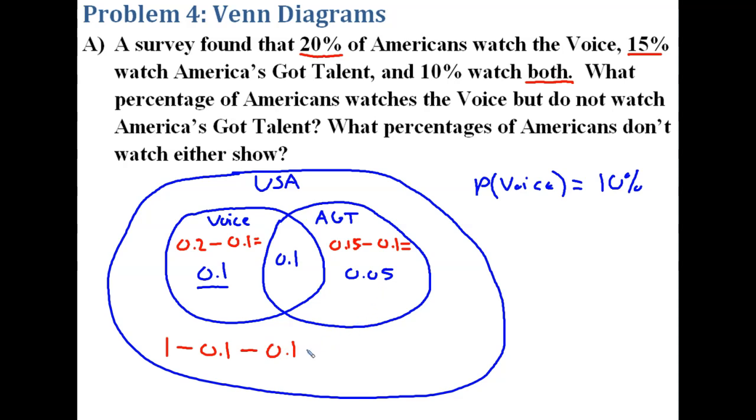And the people who watch just America's Got Talent, so minus 0.05. Which leaves us with 0.75 for the probability that a person doesn't watch either show. So we could say P of neither is equal to 75%.